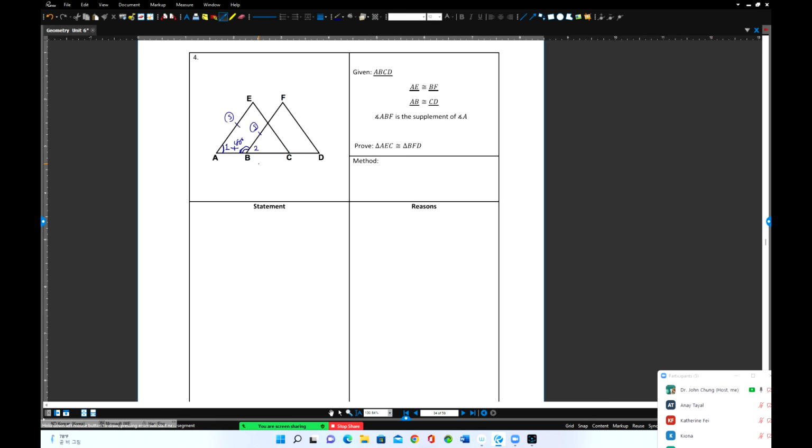Now, ABCD is a straight line, that's why we can say this angle is supplementary, because it's a linear pair on a line. The second one is AE congruent to BF. We got one side already.